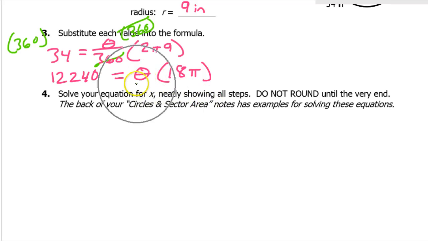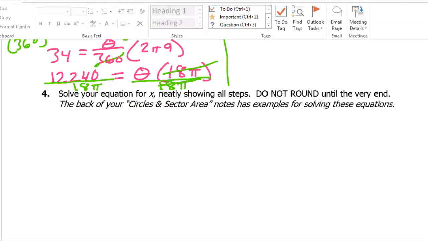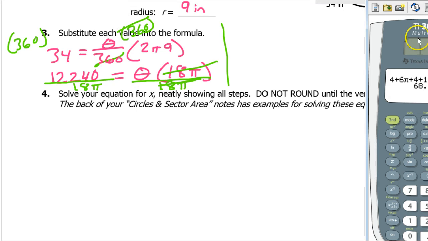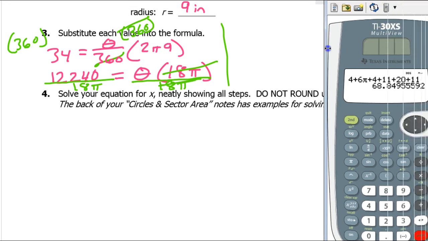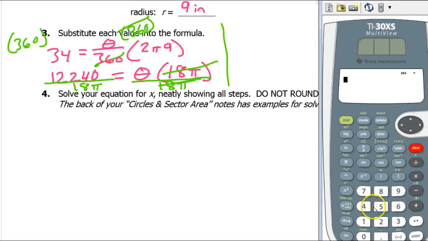I didn't hear any responses, so I'm just going to go ahead and say, now it's time to divide by 18 pi on both sides. That will get theta by itself. And this should be the final answer. So 12,240 over 18 pi.